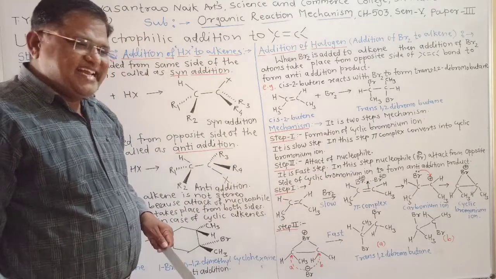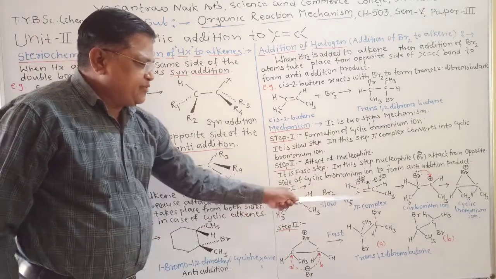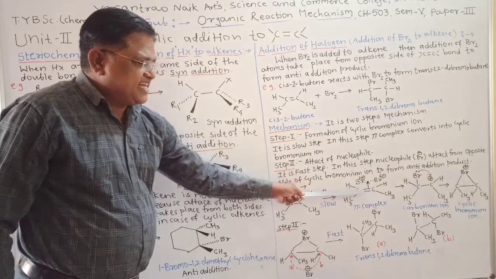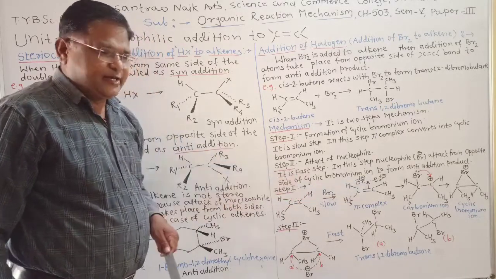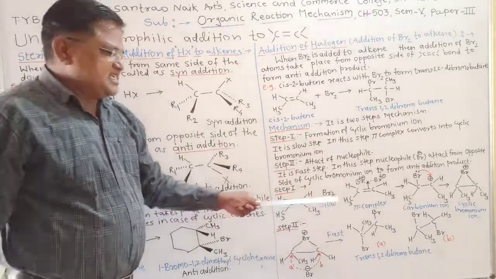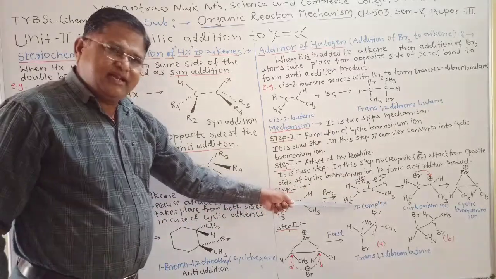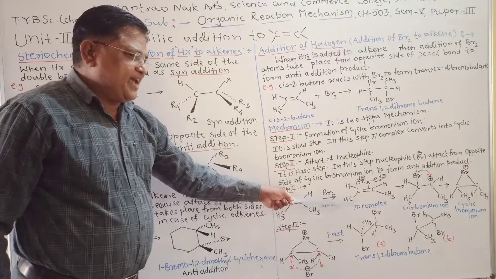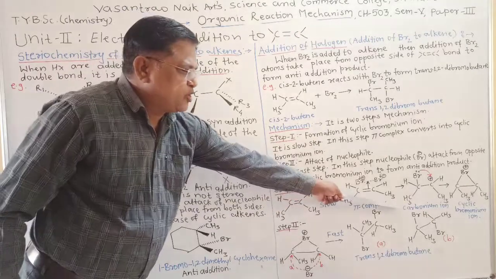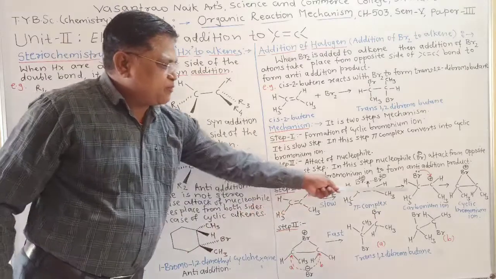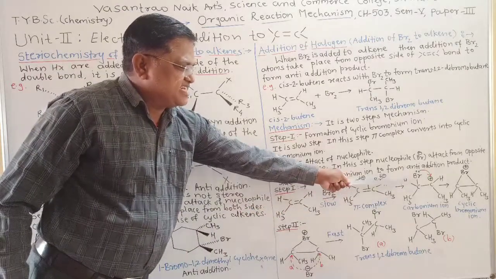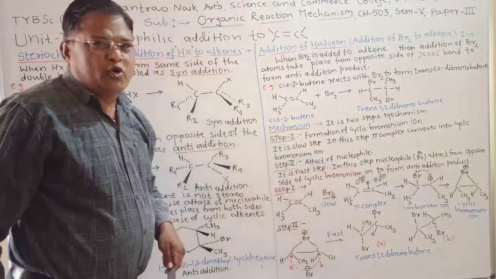But there is only interaction between pi bond of alkene and positive part of the Br2. Now this pi complex is unstable, so it immediately breaks and converts into carbocation. Now this carbocation rearranges to cyclic bromonium ion.